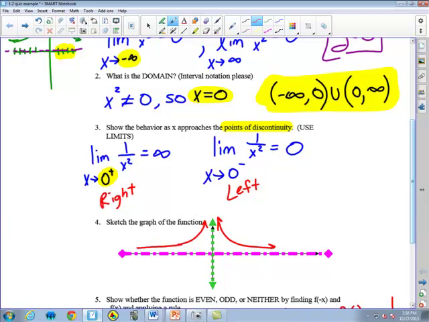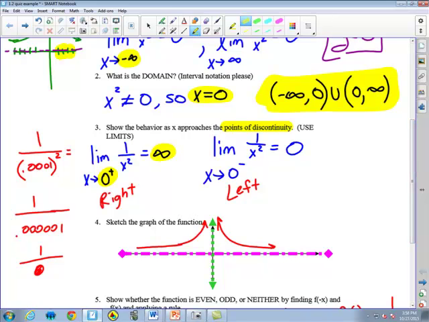Now remember that a fraction squared, a small number squared, is even smaller. In fact, it becomes basically 1 over almost 0. And almost 0, but not quite, creates an infinitely large answer.